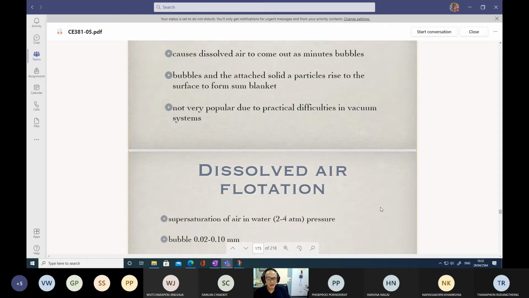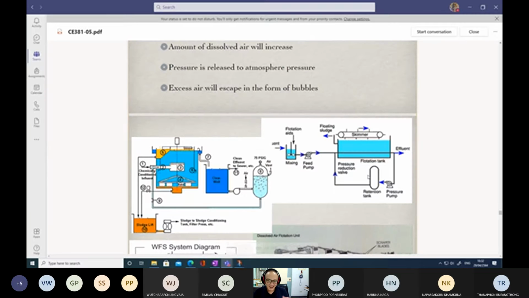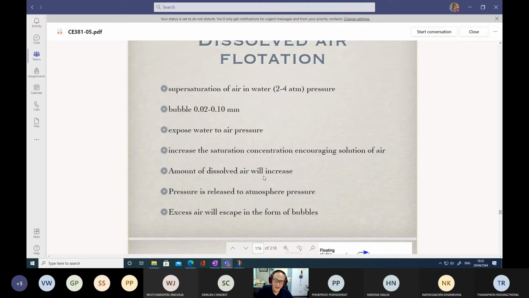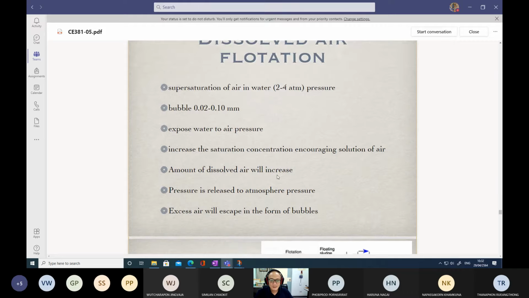Once the bubbles form, they bring the scum to the surface, and then we can use the skimmer to remove this scum. So this is how dissolved air flotation works.